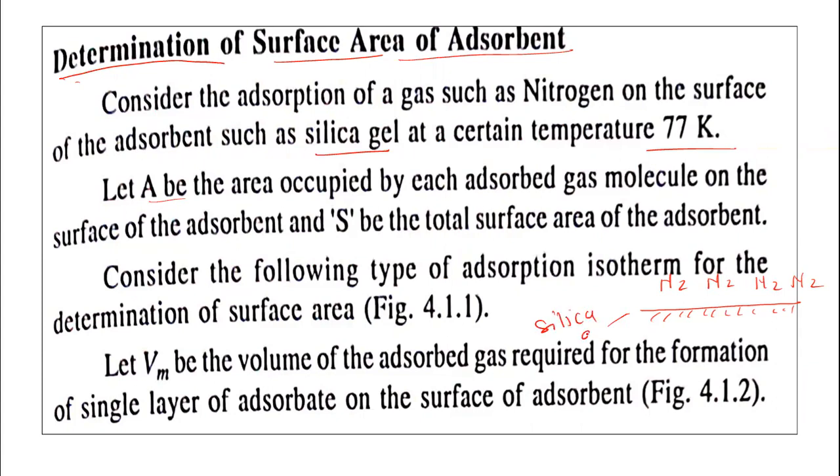A is the area occupied by each adsorbed gas molecule, because it requires some area. Suppose this is the area here. This much area is required for these nitrogen gas molecules on the surface of the adsorbent.